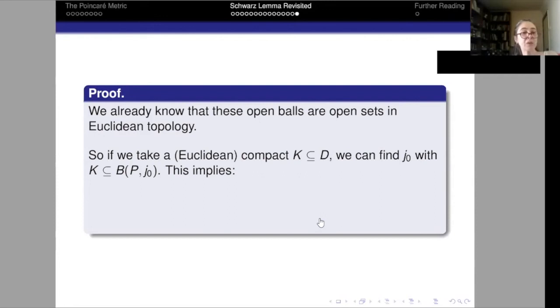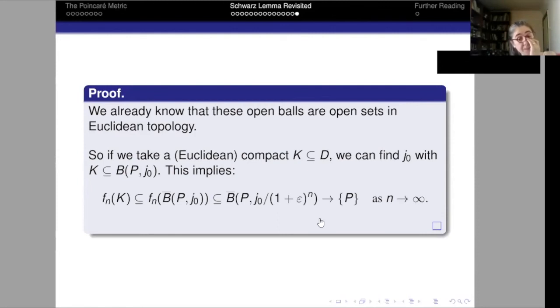So if you take a Euclidean compact K in D, we can always find a J0 with K inside one of these balls, centered at P with radius J0.